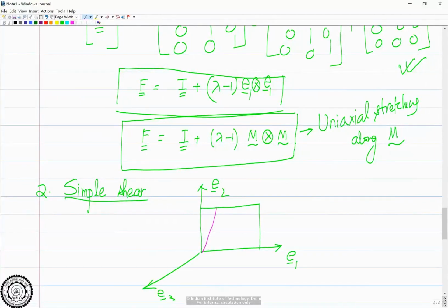And after deformation, it becomes like this. So this is after deformation. All right. And say that this angle is alpha.